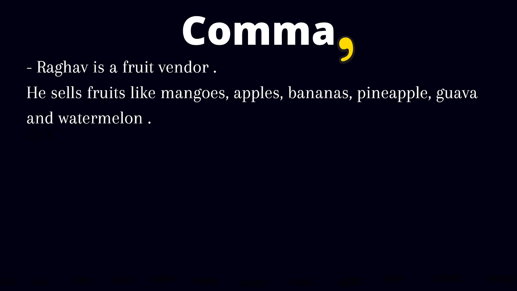He sells fruits like mangoes, apples, bananas, pineapple, guava and watermelon. You have a big list of fruits here, so you need a comma to separate each word, and it also denotes the pause for each word for better and proper understanding.